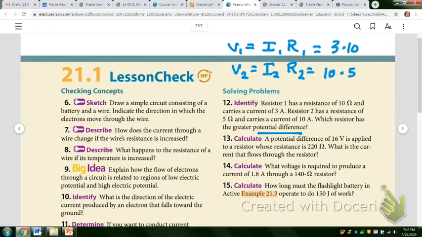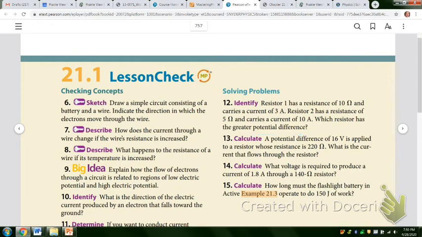All right, moving on to number 13. It says you have a potential difference of 16 volts applied to a resistor whose resistance is 220 ohms. Ohms is the correct term for that. What is the current that flows through the resistor? They're asking you to find current, which is the variable I. They give you resistance, which is R, and they give you voltage, also known as potential difference, of 16.